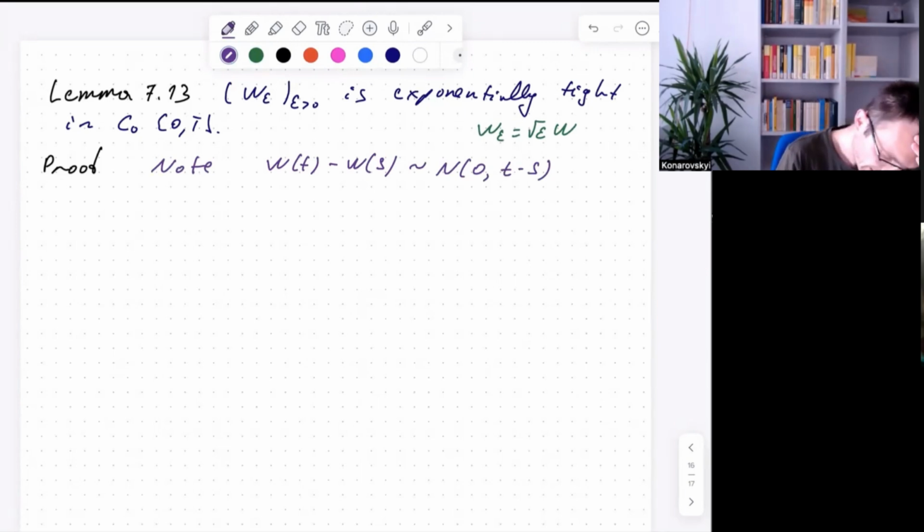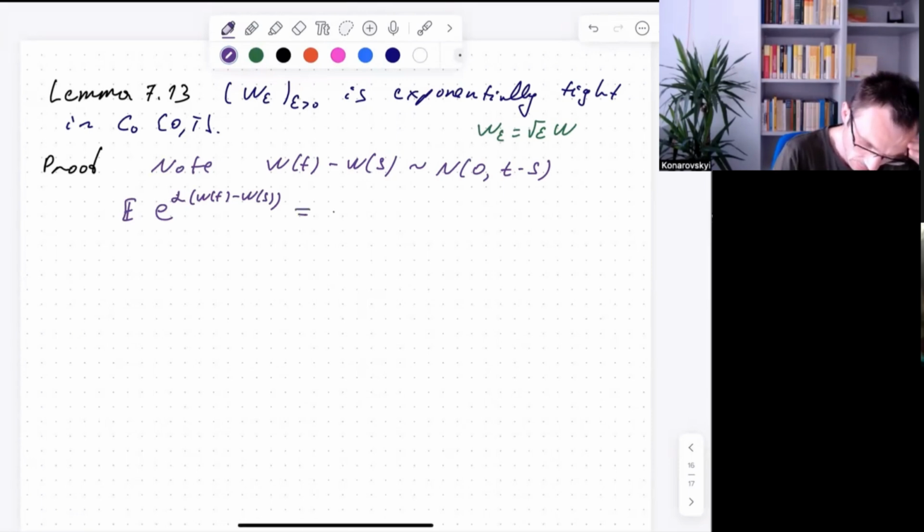Then you can easily compute the expectation of e to the power alpha times the normally distributed random variable W_t minus W_s. Knowing the density, you see that this expectation is equal to e to the power alpha squared divided by 2 times (t minus s).